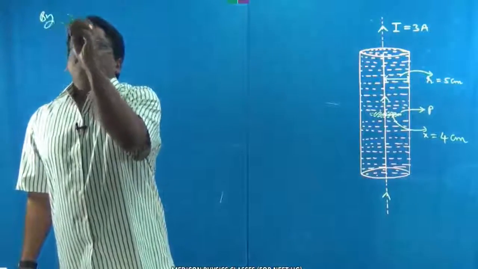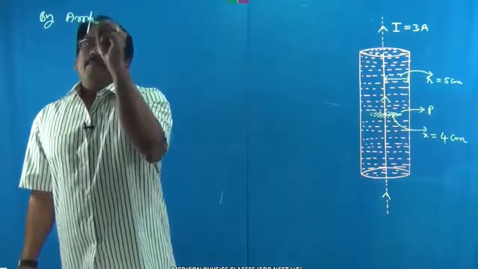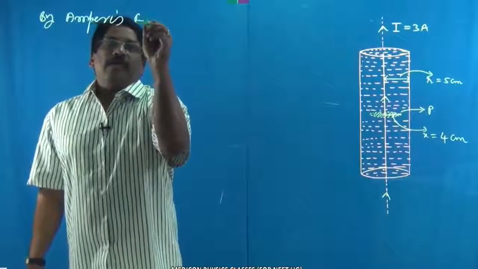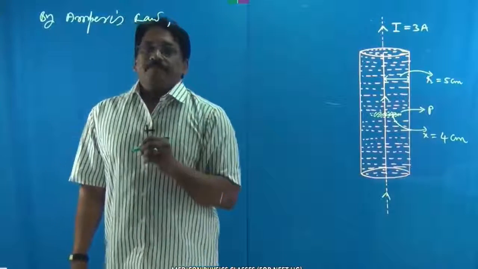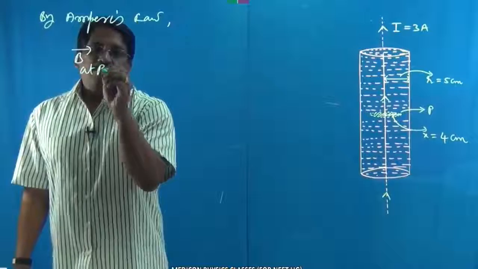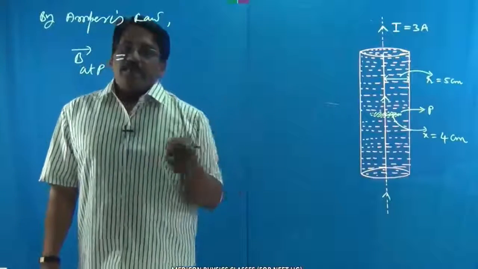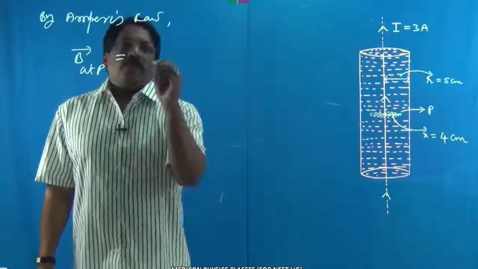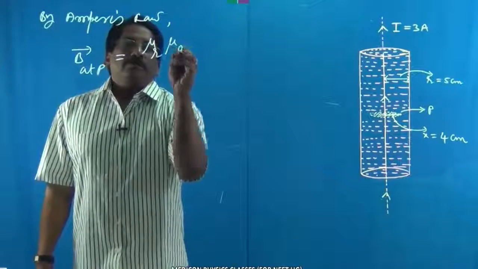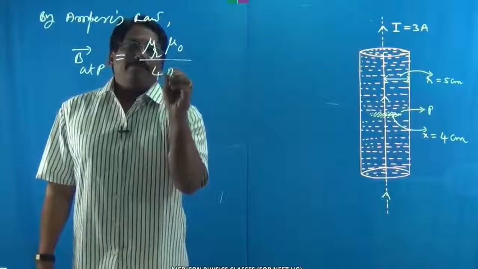By Ampere's law, Ampere's circuital law, of course we call it simply Ampere's law, B bar, the magnetic field induction at point P, which is now referred inside the conductor, is equal to mu r mu naught by 4 pi.